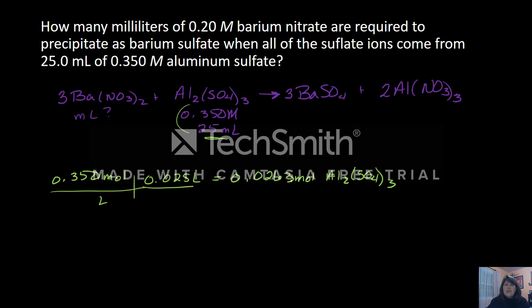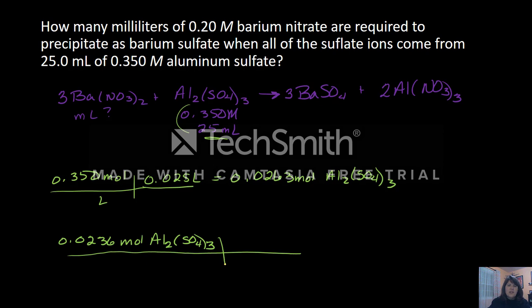Now I need to convert the moles of aluminum sulfate to moles of barium. 0.0236 moles of aluminum sulfate, and according to the balanced chemical equation, for every 1 mole of aluminum sulfate we have 3 moles of barium nitrate, which ends up with my making a mistake.